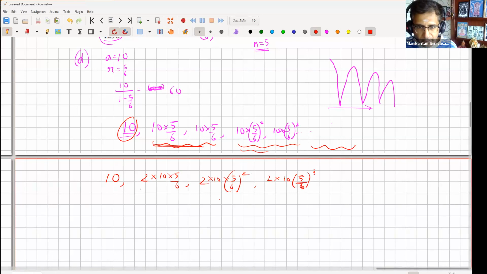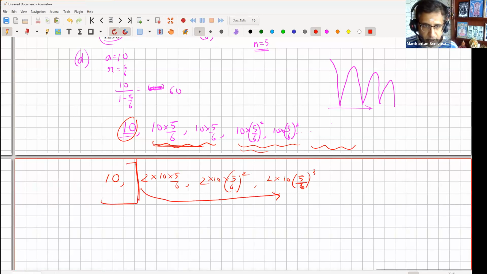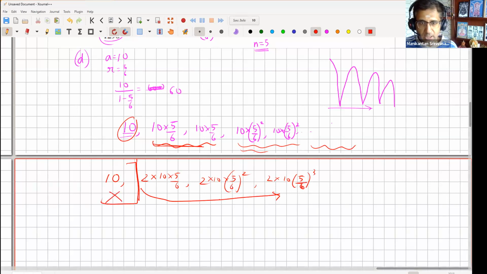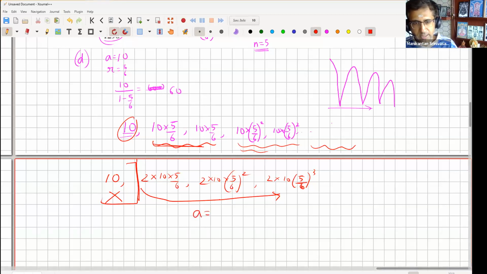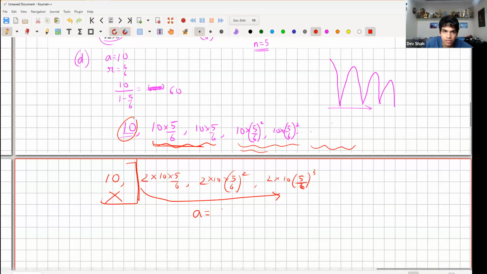I'll start counting my geometric progression from this point on, because I won't include the first 10 in the geometric progression, since it's not following that pattern of common ratio. It's unique. So my starting point is 2 into 10 into 5 by 6. How much is that? 50 over 3.